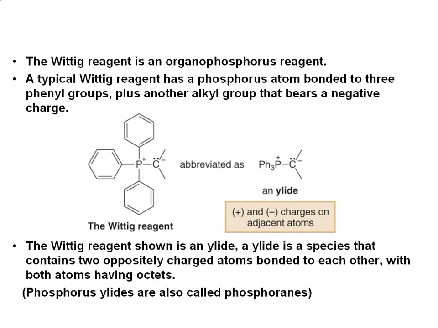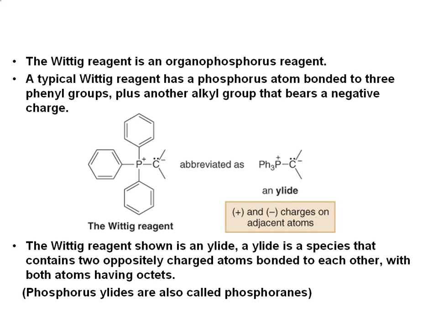Let's break this down into mechanistic steps. So the Wittig reagent, as you can see, is shown here. The Wittig reagent we're going to use has 3 phenyl rings that you can abbreviate as triphenylphosphine, PPh3, attached to the carbon, which is negatively charged, which is an ylide.